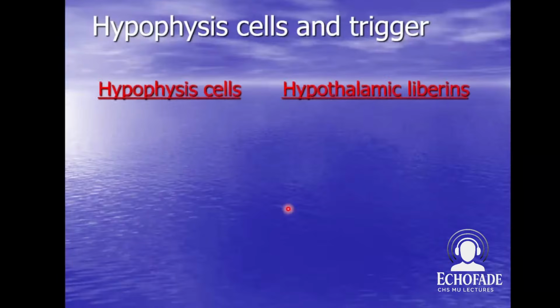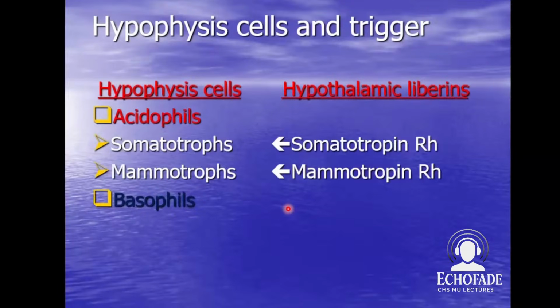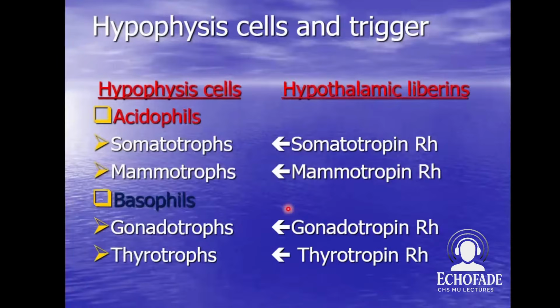For the cell structure, of course, the hypophysis is covered by a connective tissue capsule. And usually you can group the cells into those that take up stains that we refer to as chromophils, and those that do not take up stain that we refer to as chromophobes. Among the chromophils, we have the acidophils that have affinity for acidic dyes, and basophils that have affinity for basic dyes.